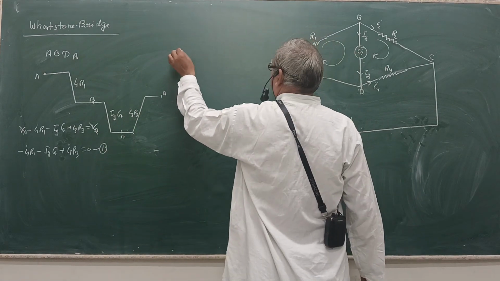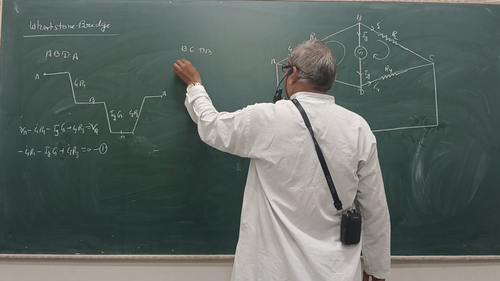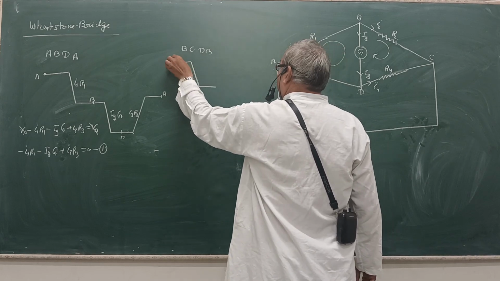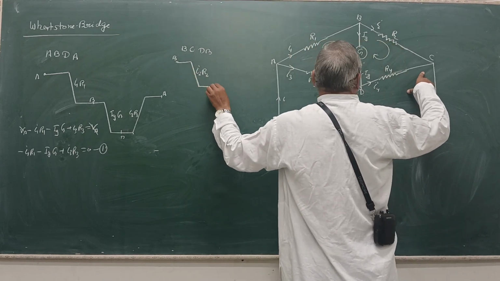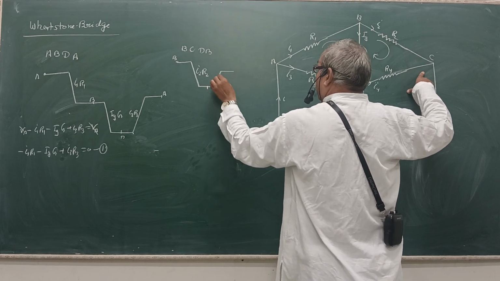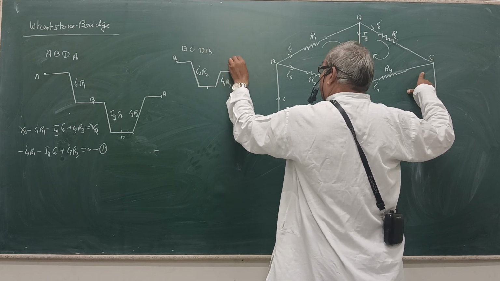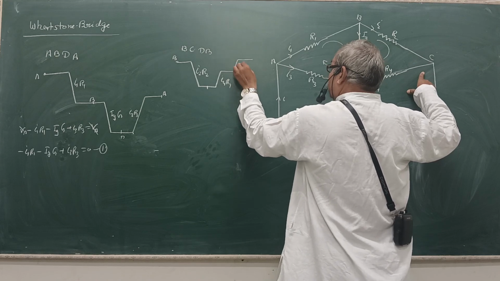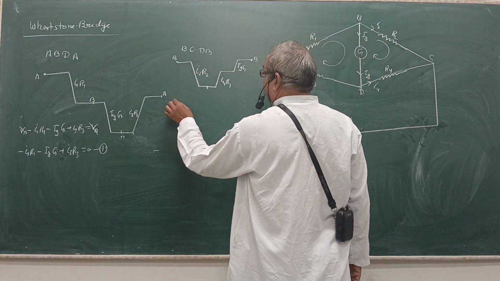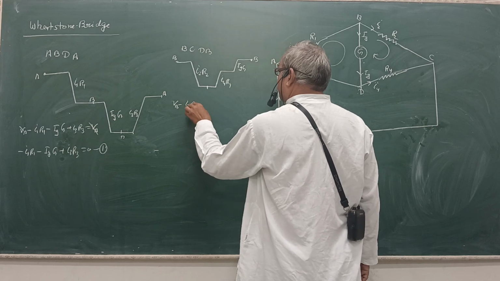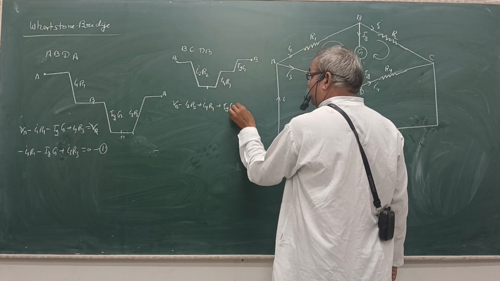This is the loop B, C, D, B. This is the movement of the current flow at B, I2, R2, and at point C, in the opposite direction, I4, R4, and in the flow of the opposite direction IG into G, this is the point B. We can define this as VB minus I2 R2 plus I4 R4 plus IG G is equal to VB.